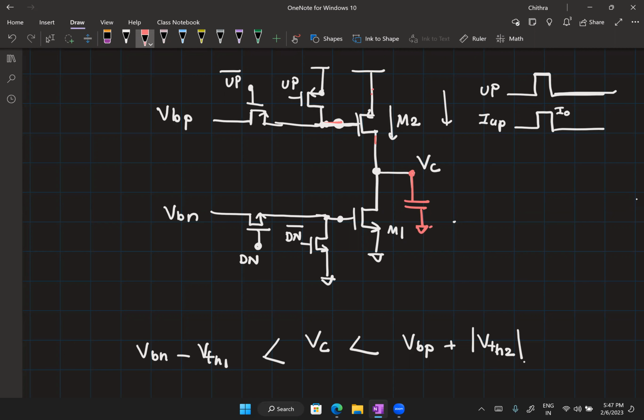So anything associated with the switches is not going to come here, right? Even if there was some charge within these transistors, it has a low impedance path towards the supply. So it will not flow into the capacitor. It will flow into the supply. Okay. Now, what about clock feedthrough?